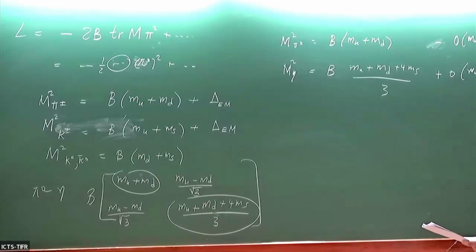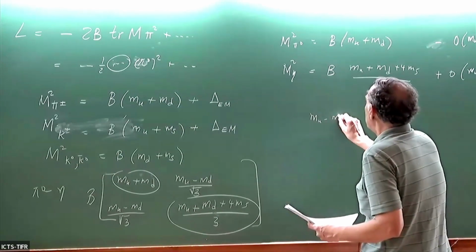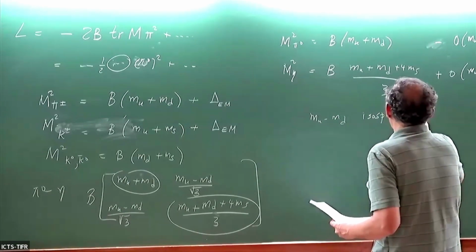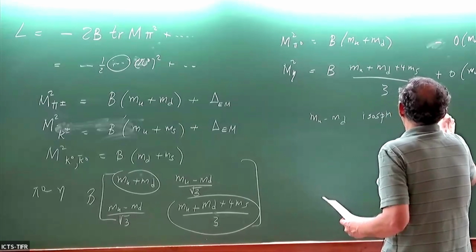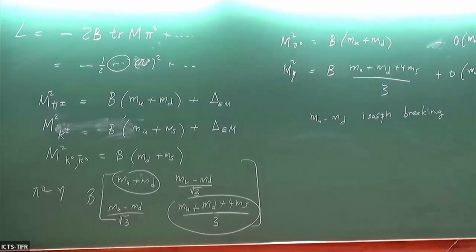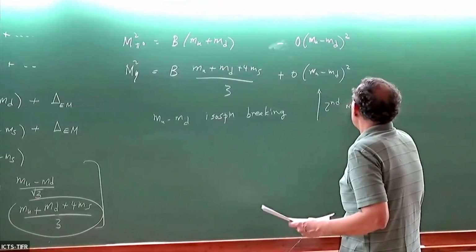So okay, mu minus md is isospin breaking because isospin rotates the u quark into the d quark. But what's interesting here is that the pion and the eta mass shifts from these terms are actually second order in isospin breaking.